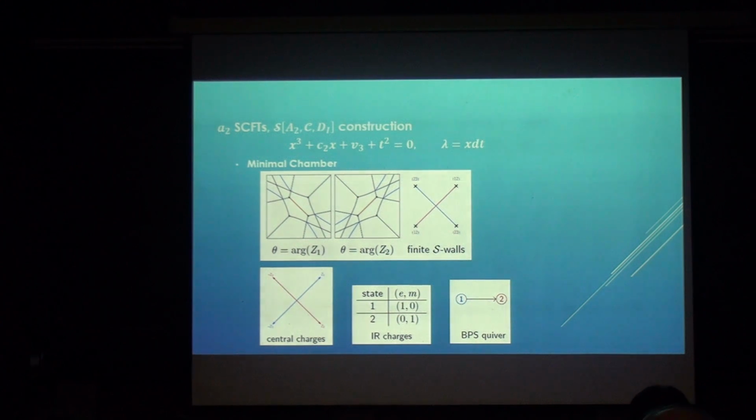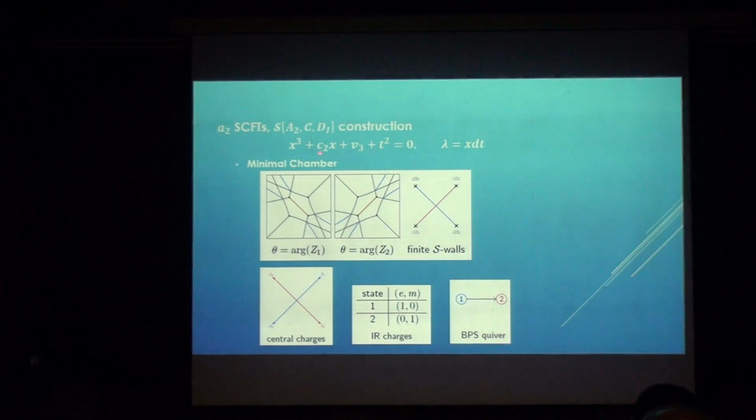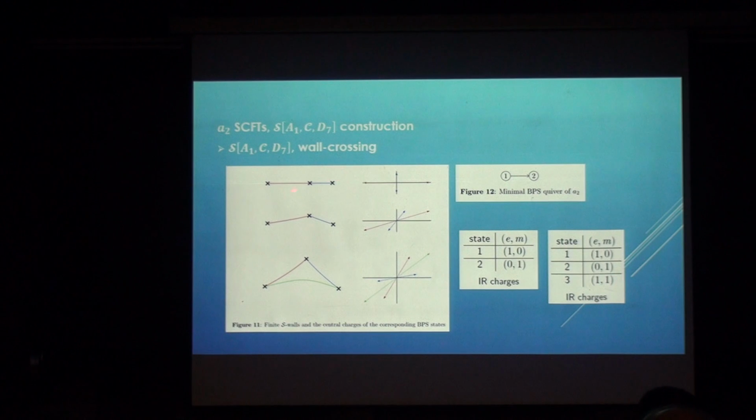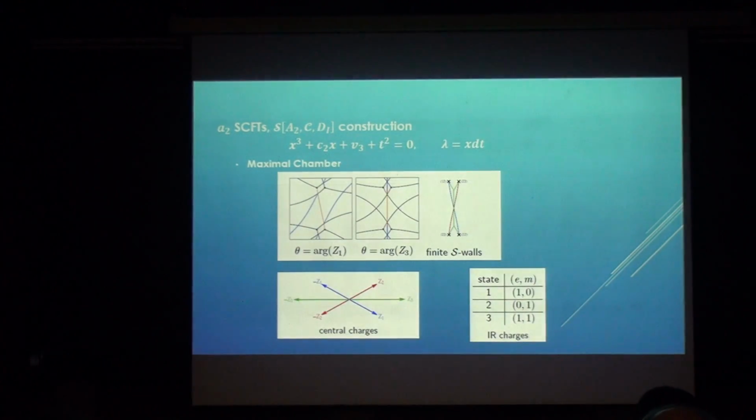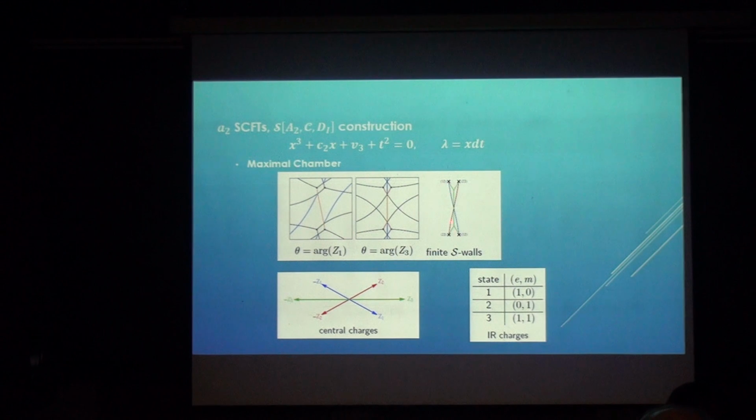So here is a compactification from A1, and here is another example compactified from the A2 6-series. And the S-walls look very different from the previous one. But in the end, we found that the original S-wall has this shape with 2 states, and after wall crossing, it has this kind of shape, but has 3 states, and the IR charges are the same.